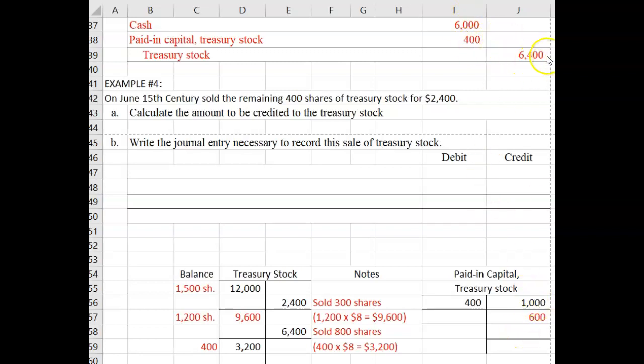Then I posted this $6,400 credit to the treasury stock account. It had a $9,600 balance before this transaction, minus $6,400, leaves a balance of $3,200 in the account at that point.